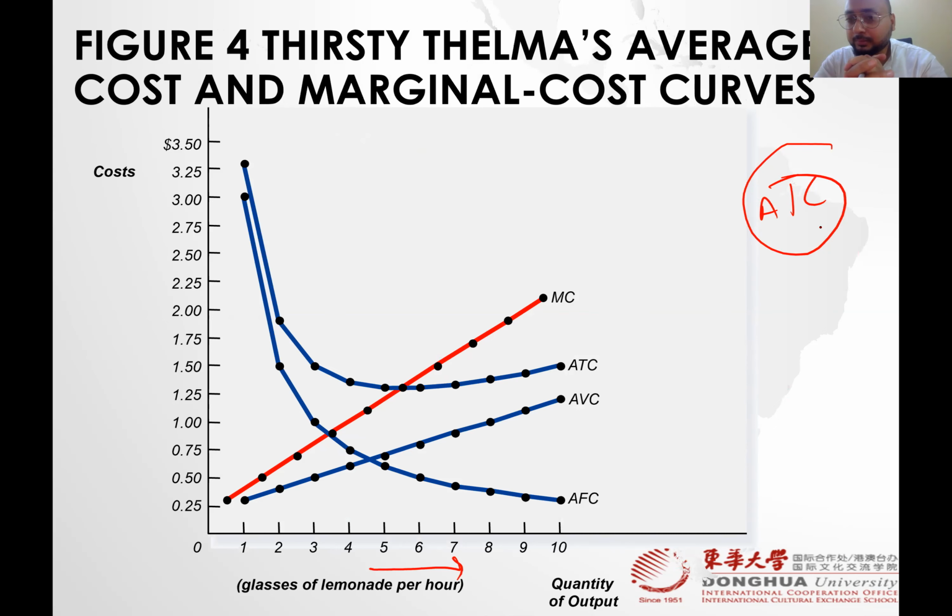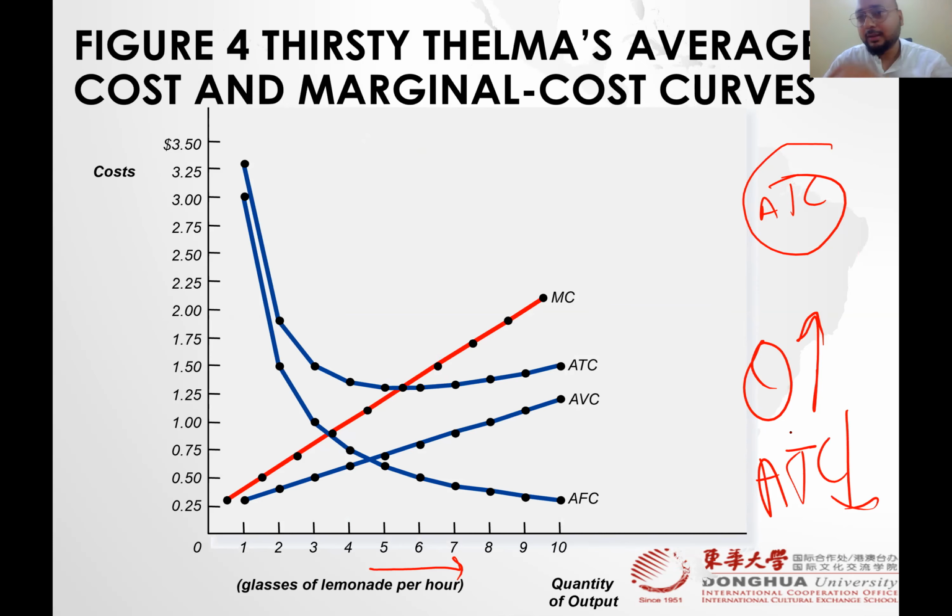So how is this magic? Because we are increasing our production and our average total cost is decreasing. The common layman sense is that if we produce more, our cost is high. But look at that. We produce more, and average total cost started decreasing. Understand?